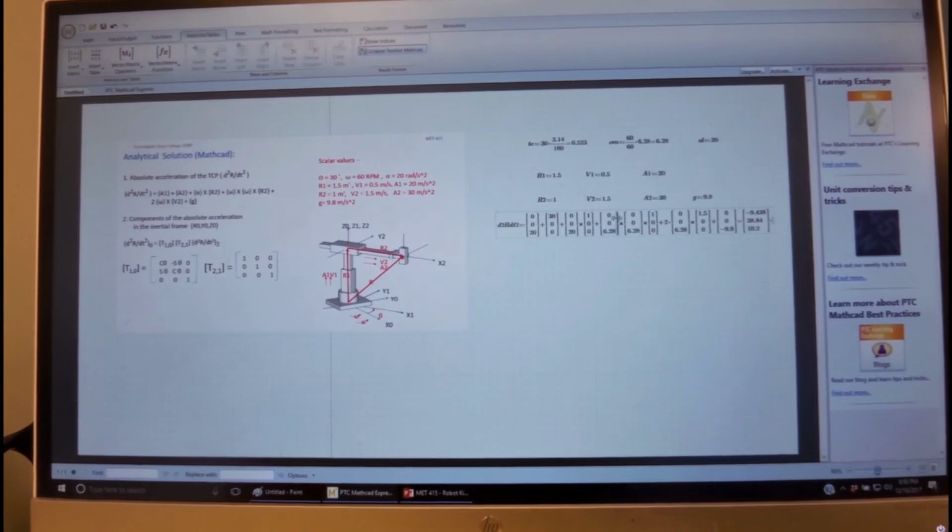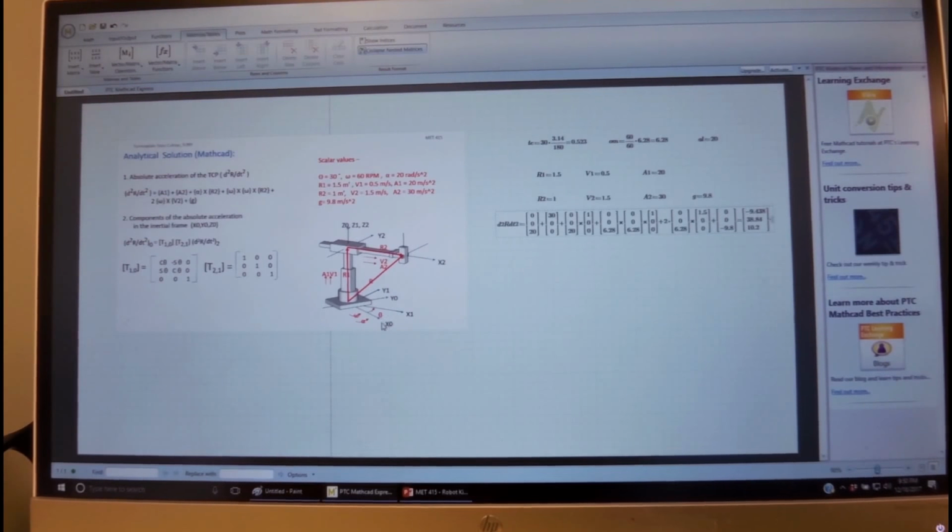Now you want to transform this vector from the x2 coordinate system to the x0 coordinate system. So we have to multiply this times the matrix. We copy this, and we underscore this as the components in coordinate system 0.